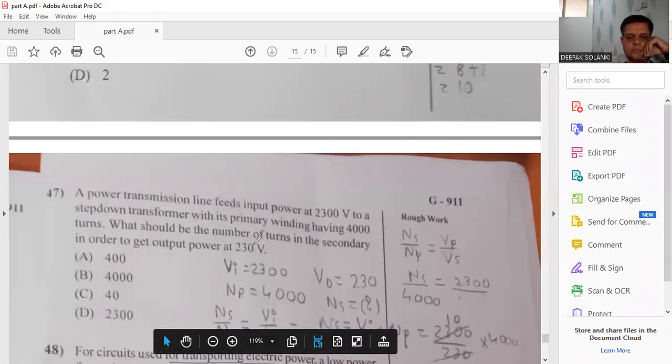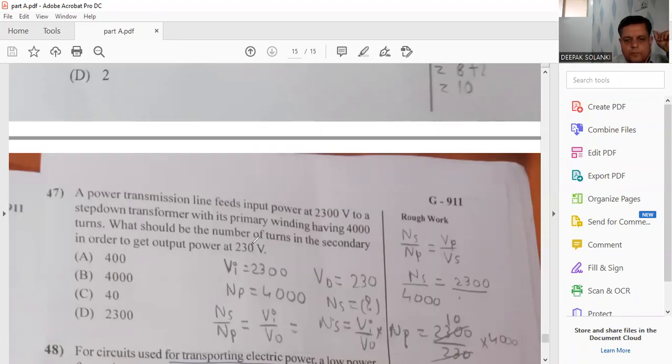A power transmission line feeds input power at 2300 volt to a step down transformer with its primary winding having 4000 turns. Listen, primary voltage is 2300 volt and number of turns in primary coil is 4000.